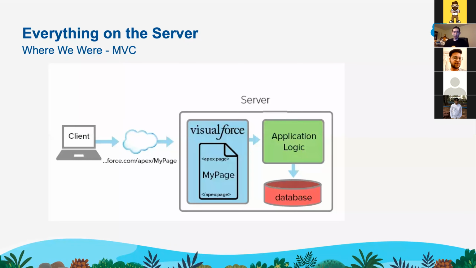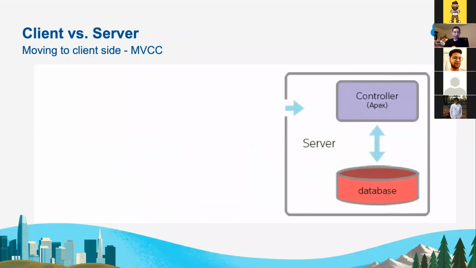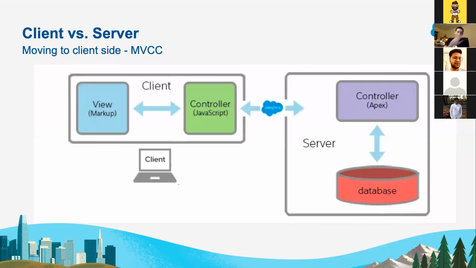And with the new model, the objects and fields aren't going anywhere. The database still lives in Salesforce. Apex isn't going anywhere. The Apex controllers are still going to live in Salesforce. But we're actually going to move the entire view over to the browser, over to the client side. And so the view is being rendered in the browser now. We don't have to wait for Salesforce to come back with the view anymore.